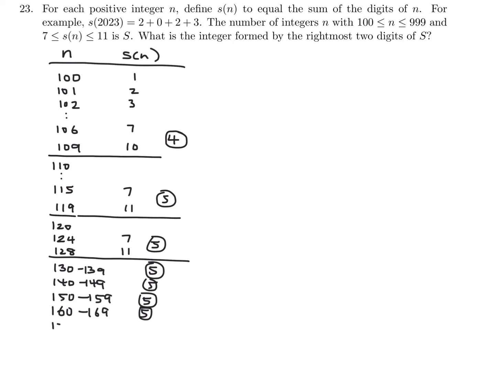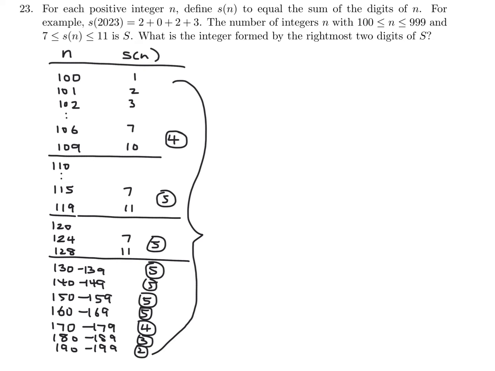But 170 to 179, we will only get 4 because it starts with 170, right? And the sum of the digits of 170 is 8. So we can get 8, 9, 10, 11, but we can't get 7. That's why it's only 4. And then 180 to 189, we'll only get 3. And then 190 to 199, we'll only get 2. So for the hundreds, if you add up all these, that's actually 43.